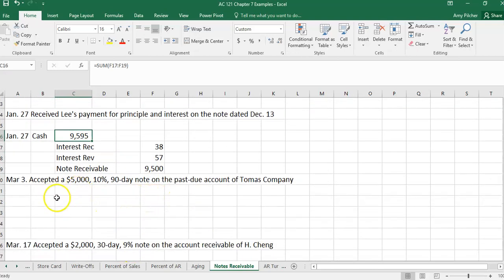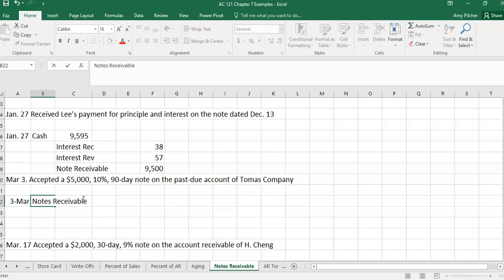On March 3rd, we accept a $5,000 90-day note on the past due account of Tomas Company. So we record a notes receivable and remove the accounts receivable of Tomas Company.